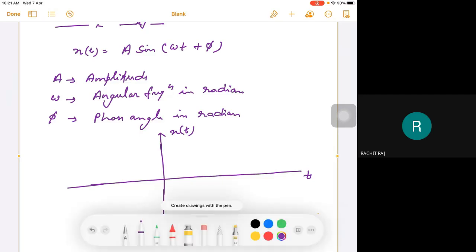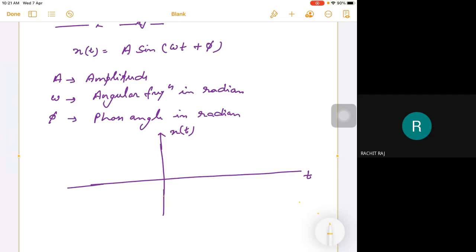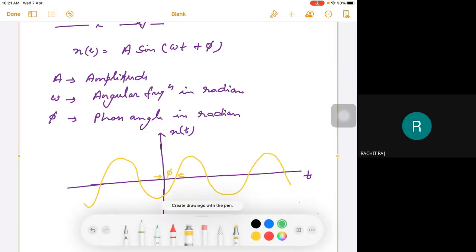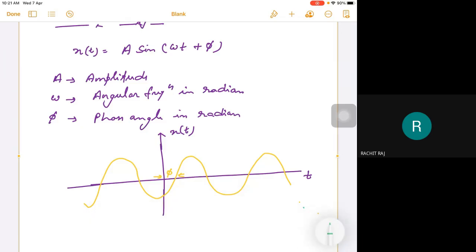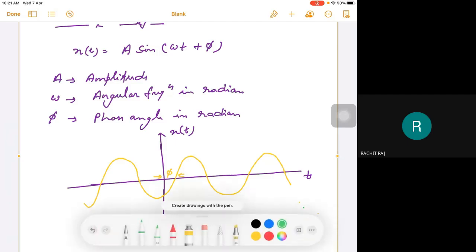Let's see, the signal is coming in this manner. Okay, so I'm just considering any phi value here, phi.